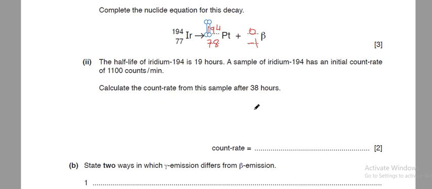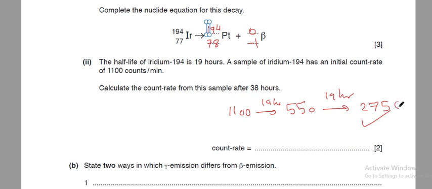For the first 19 hours, this count rate will be reduced to half of it, so it will be 550. And for the second 19 hours, 550 will be reduced to half, so it will be 275 counts per minute.